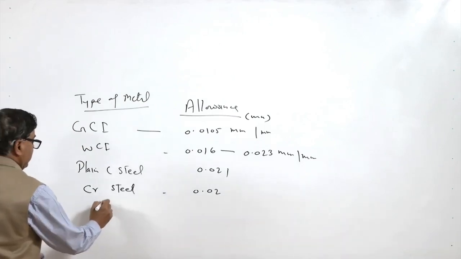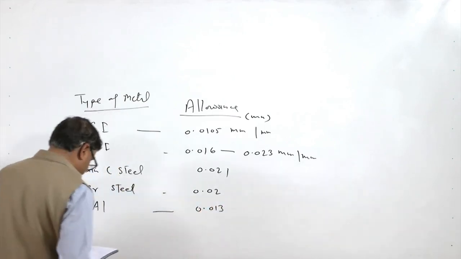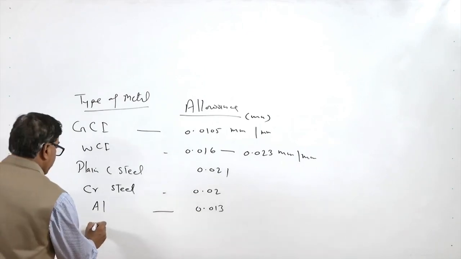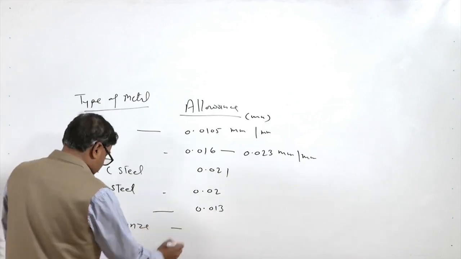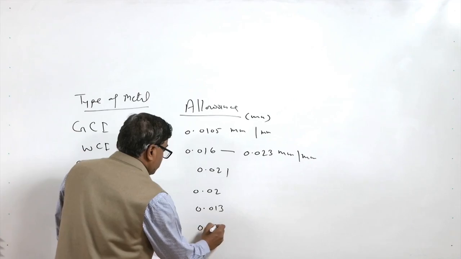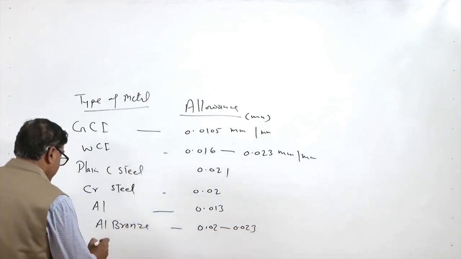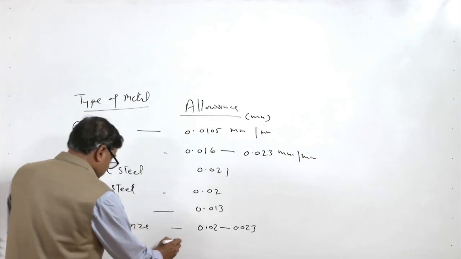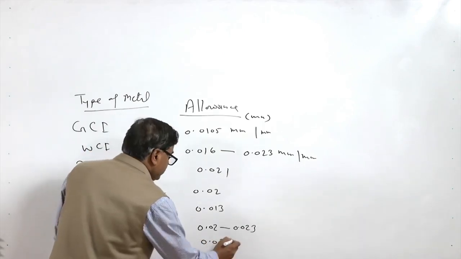For aluminum it is 0.013. For aluminum bronze it is 0.02 to 0.023, and for lead it is 0.026.